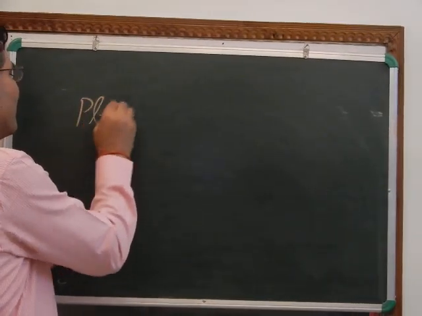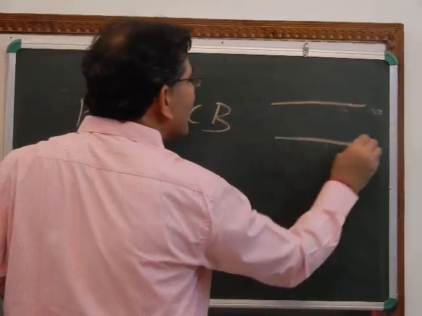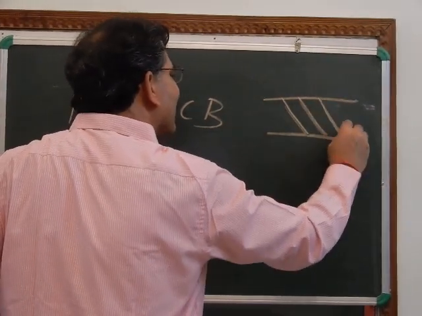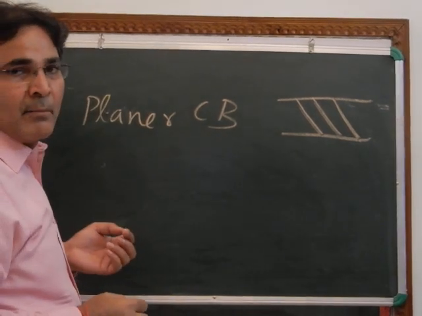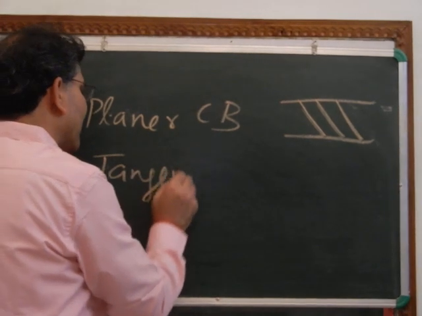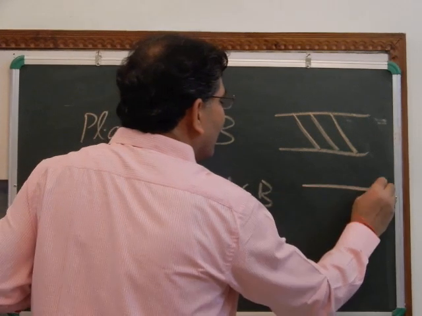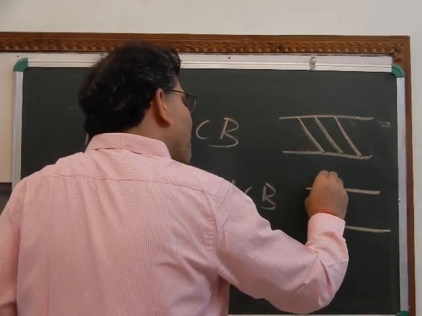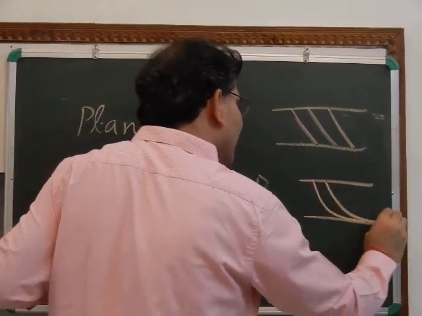In the case of planar cross bedding, generally the foreset laminations are inclined, or they make an angle with both top set as well as bottom set. Whereas in the case of the second type of tabular cross bedding, that is the tangential cross bedding, the foreset laminations make an angle with the top set, whereas they are tangential to the bottom set.